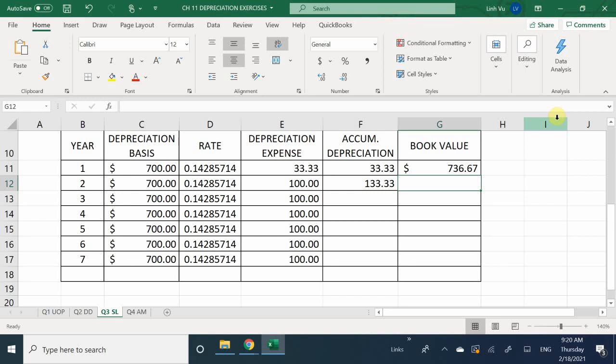What is my book value as of year 2? 636.67. What's my accumulated depreciation for year 3?